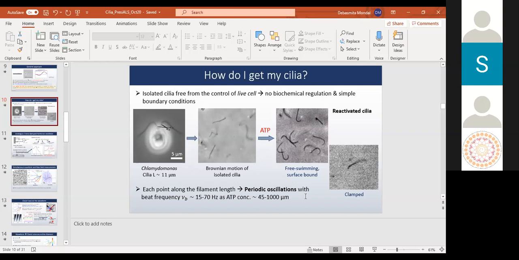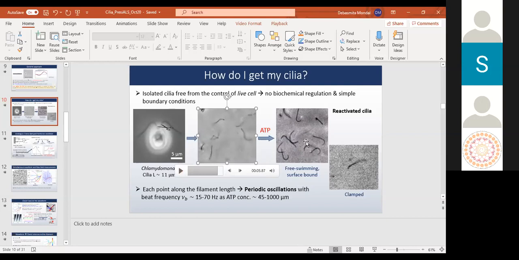What I'm doing is, the energy that a living cell provides is the ATP, fine, but because this system is self-sufficient, as you can see, because I have taken it out from the organism, but it is still beating in the same way as if it were an organism, just by external addition of ATP. So what I do is, I have a suspension of this, which is undergoing Brownian motion, and I just drop ATP in the suspension. It's a chemical to me. And as long as I have ATP in the system, this filament beats.